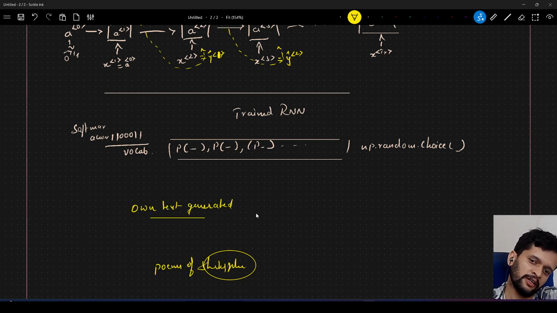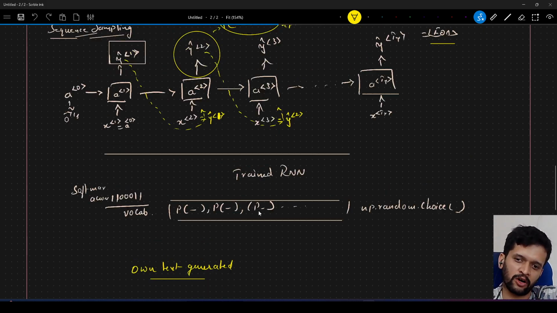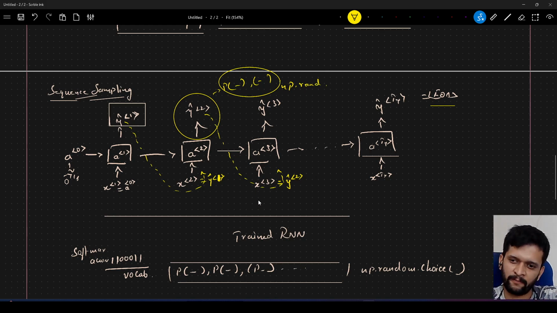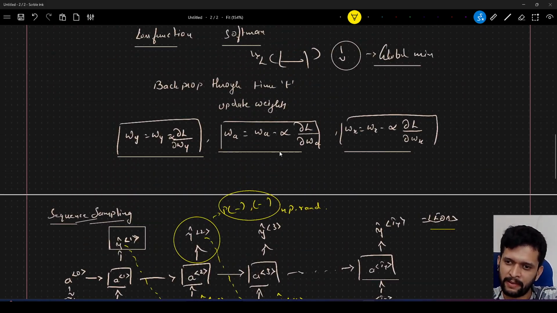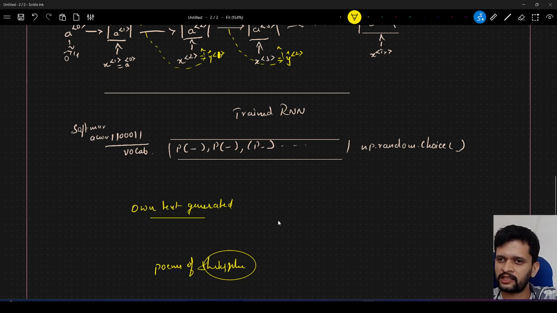That's possible. You can do all of this once you train your model on some corpus and then do the sequence sampling. Most probably in my upcoming videos, I will try to implement this, and then we will see how we can generate our own Shakespeare-like text or something else.